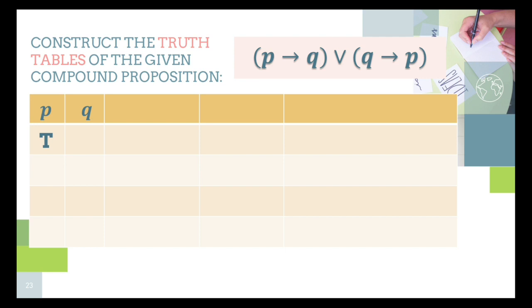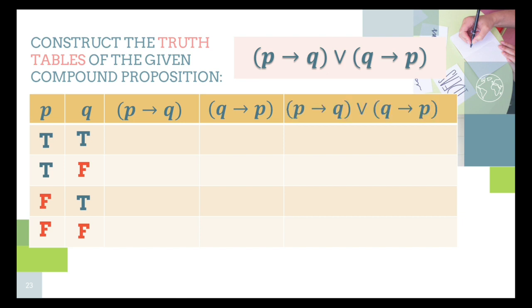So we have true, true, false, false, true, false, true, false. So both true, when one is false, and if they are both false. Next, we need to find the conditional statement P then Q. Then we also need the Q then P. And then we combine the two.